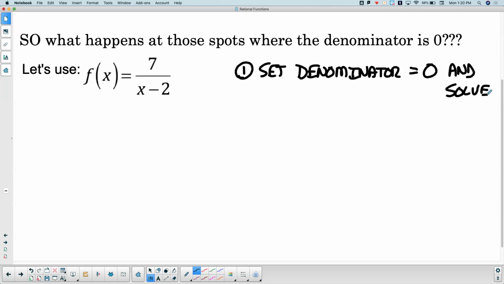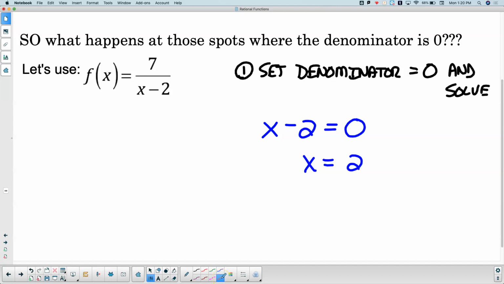In this particular case, we're using f of x equals 7 over x minus 2. So x minus 2 is my denominator. I'm going to say x minus 2 equals 0, and solve that. Add 2 to both sides, and that gives me x equals 2.